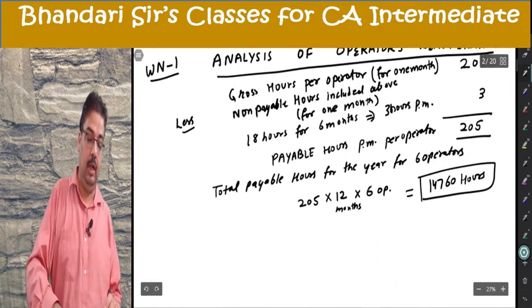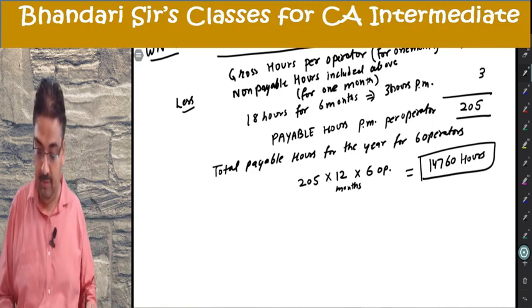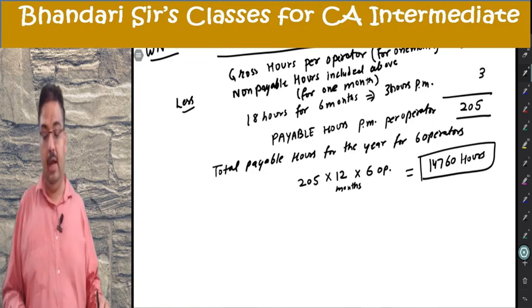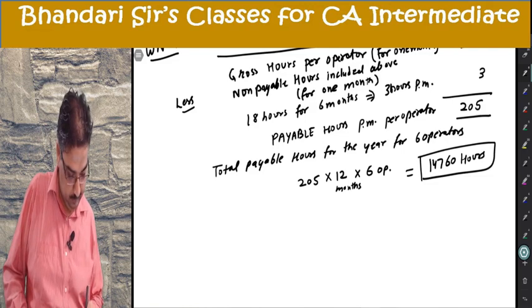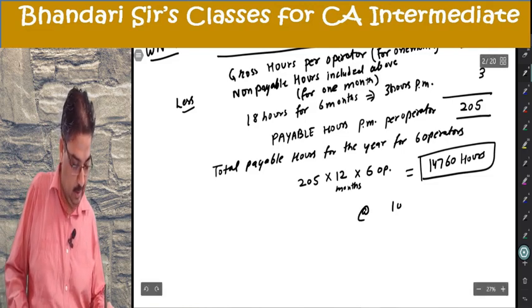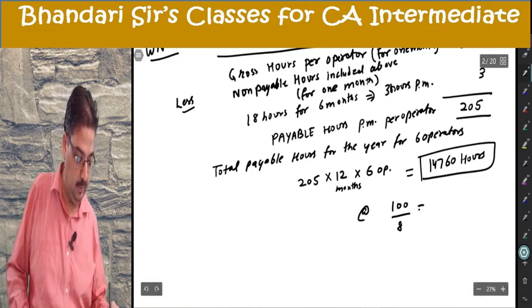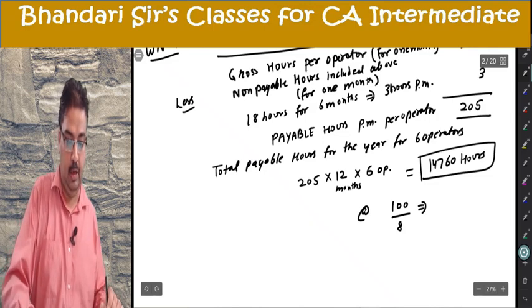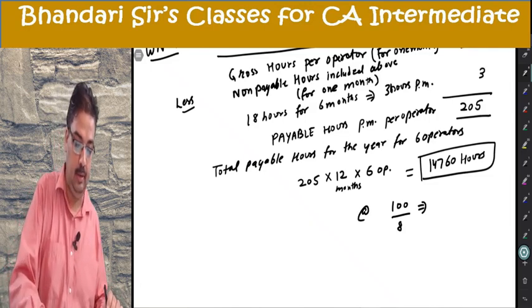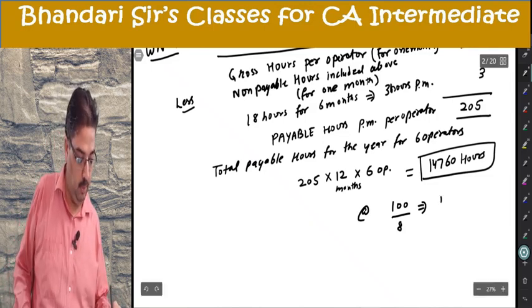Now what you are given? Rate of remuneration. For every 8 hours, 100 rupees. At the rate of 100 by 8. So per hour becomes 100 divided by 8. This is 12.5 per hour.